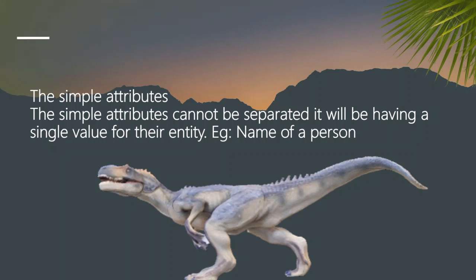When we are talking about a particular person, without mentioning the name of the person, we cannot specify his characteristics. So it is an attribute which cannot be avoided, which cannot be separated. Such attributes are known as simple attributes.